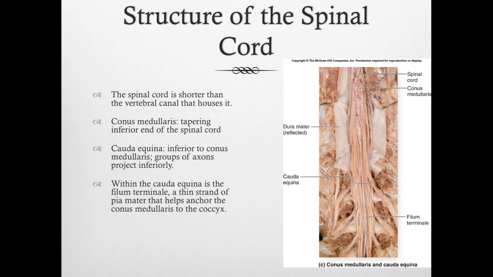Because if you can imagine for a moment bending that tube, and when you do so, the cord on the inside of that tube actually changes position, it would now begin to pull on all of the actual spinal nerves, and this would be very, very bad for us. So that's what the filum terminale does. It serves as an anchor.